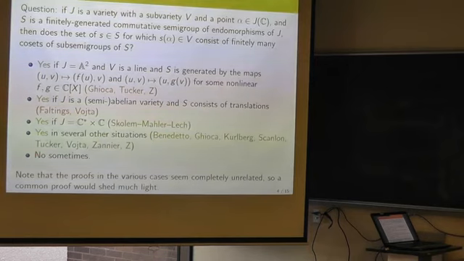So if J is an abelian variety, or you let J be just affine 2-space and let your S be all integer translations, translations by one in that direction and one in that direction, those generate all translations.